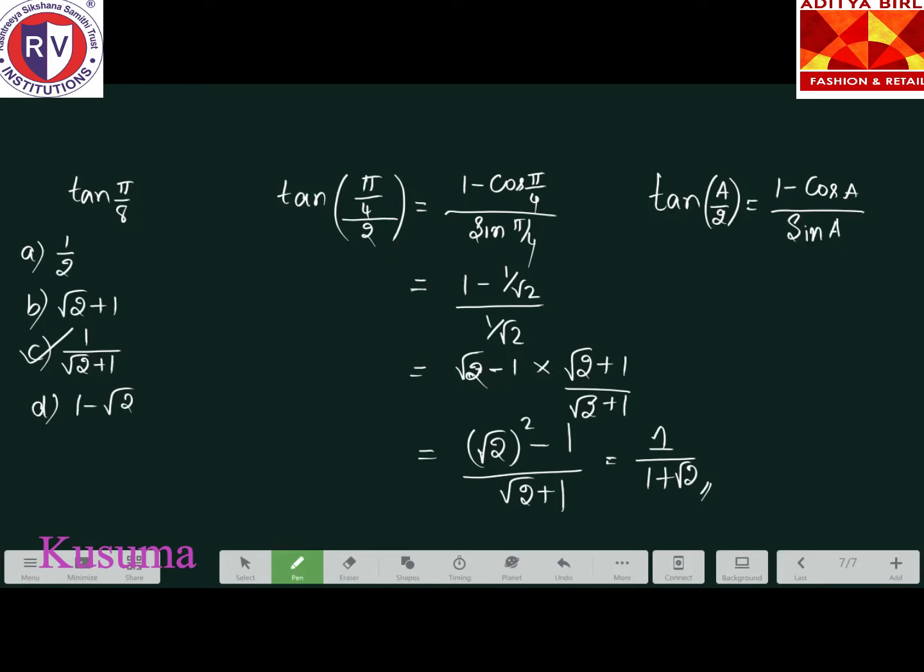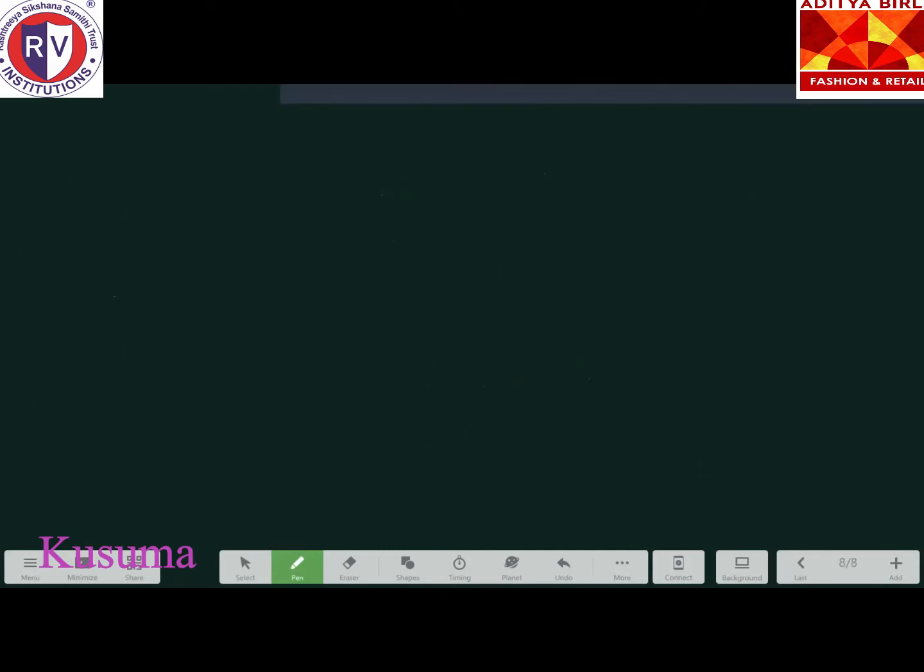Okay, fine. Let us look at the next question. If sine inverse x plus sine inverse y is equal to pi by 2, then we have to find out what is x square.